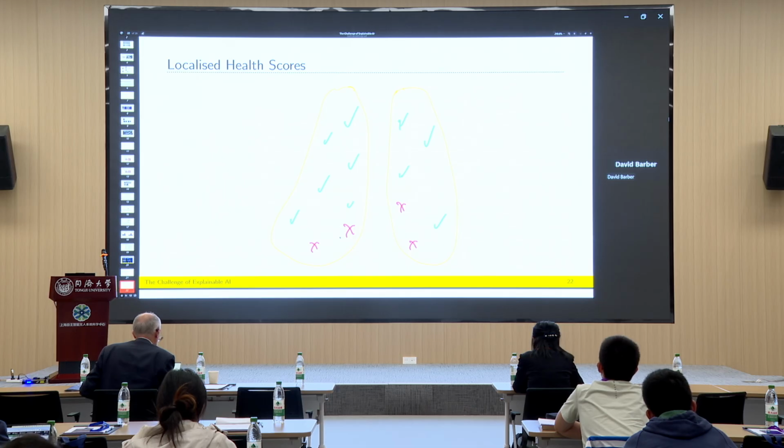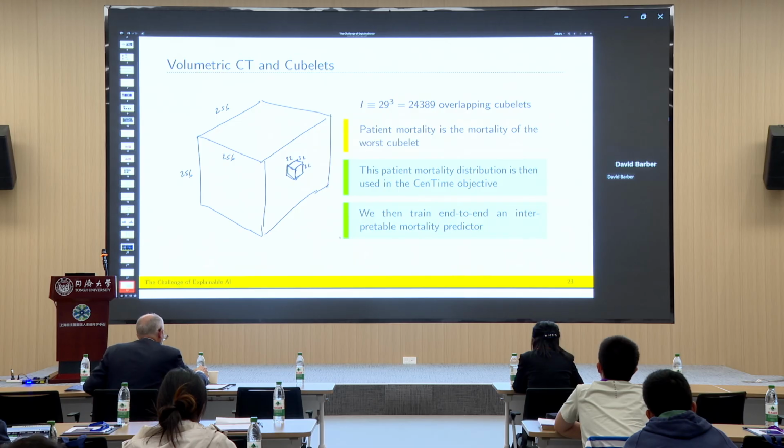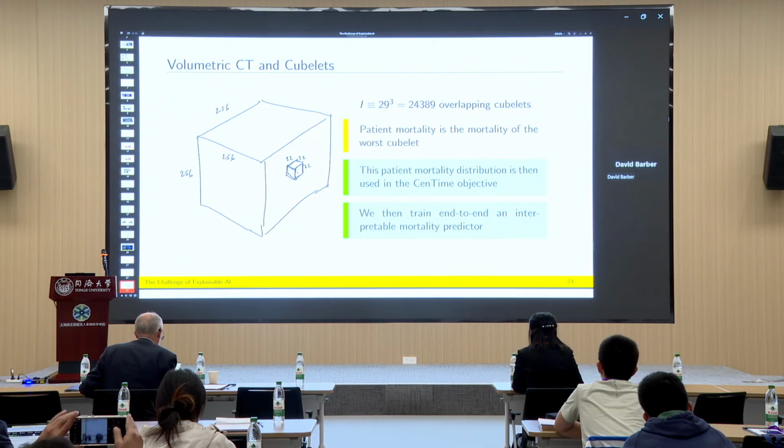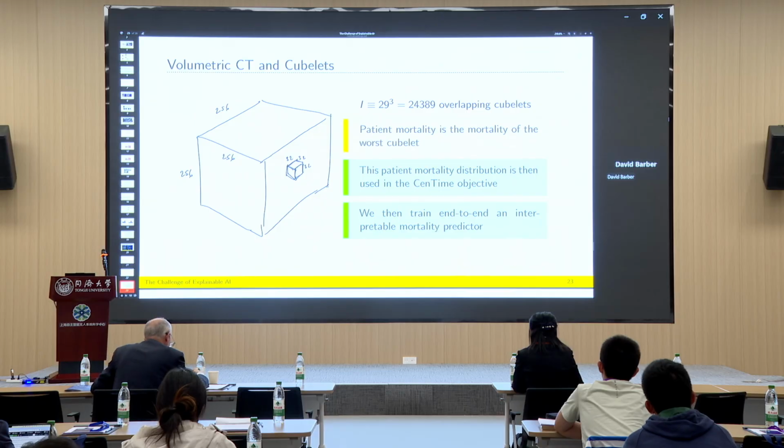So what we're going to do is try to make a model which will reflect that intuition from the doctors. We break our 3D lung CT scan into a large number, around 25,000, of 32 by 32 by 32 cubes or cubelets. For each cubelet, the deep neural network will predict a mortality value.